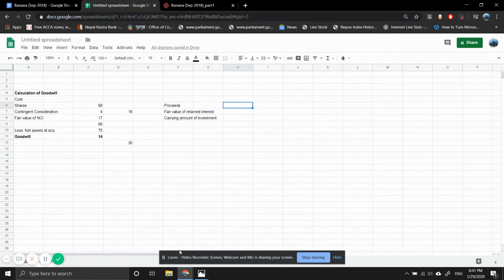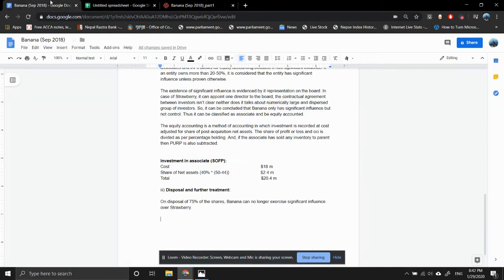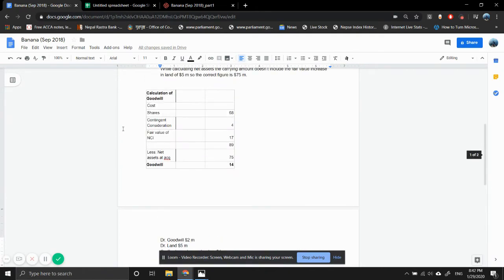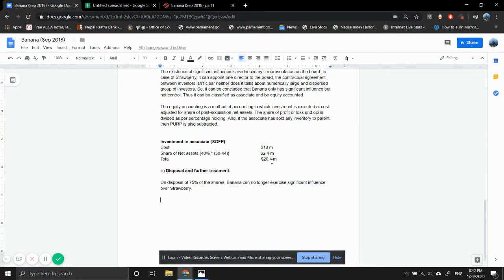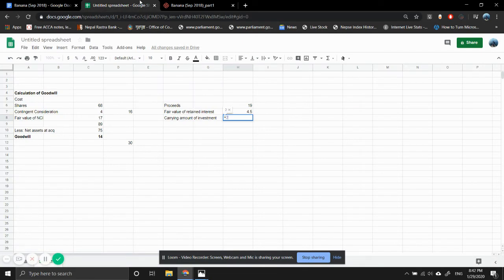And then what's our net assets? How much was it? I think we calculated it over here. So 20.4 is our investment in associate, which is this figure plus this figure minus this figure. Gain on disposal.